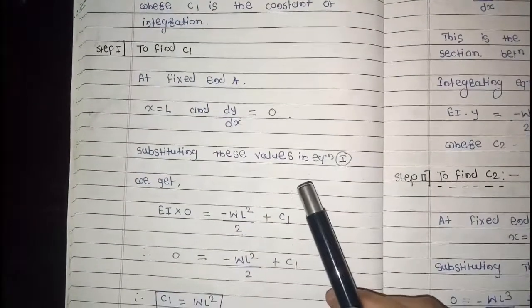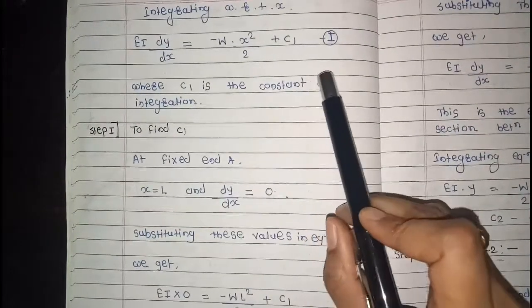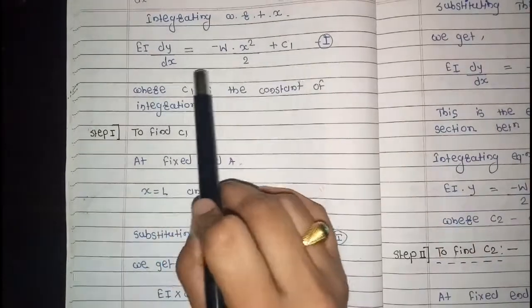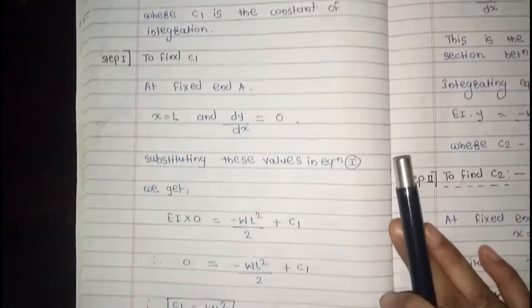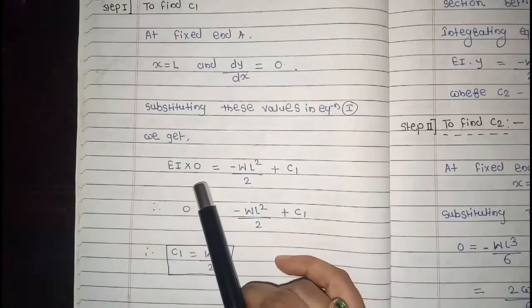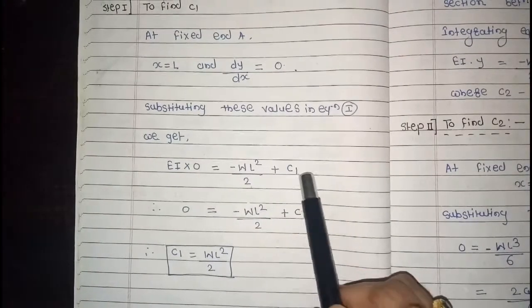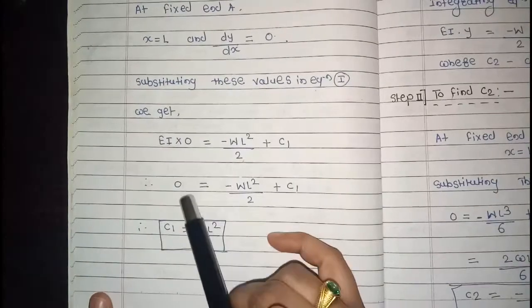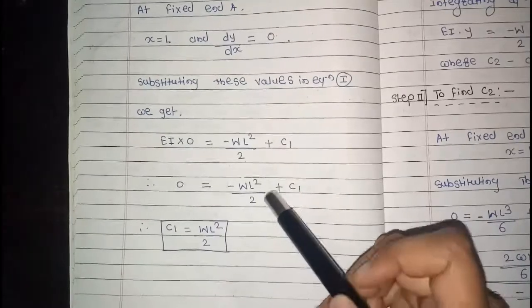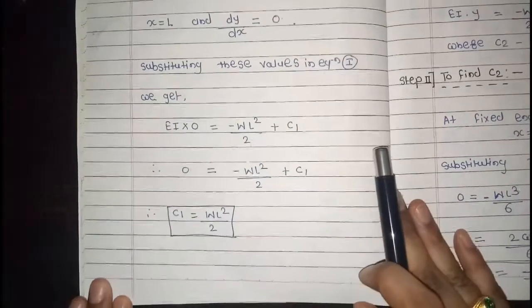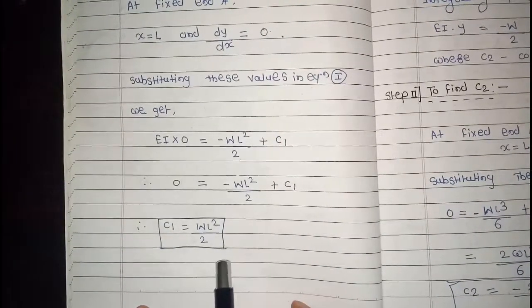Substituting these values in equation 1, EI into 0 is equal to minus WL square by 2 plus c1. Therefore c1 is equal to WL square by 2.